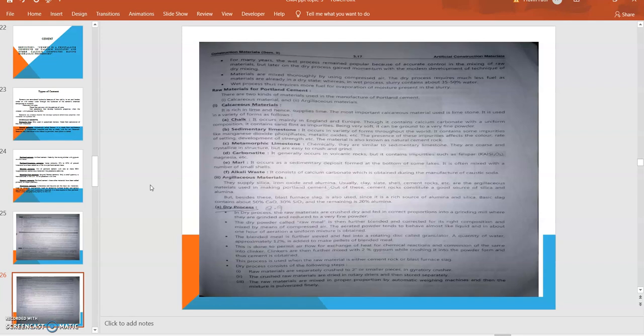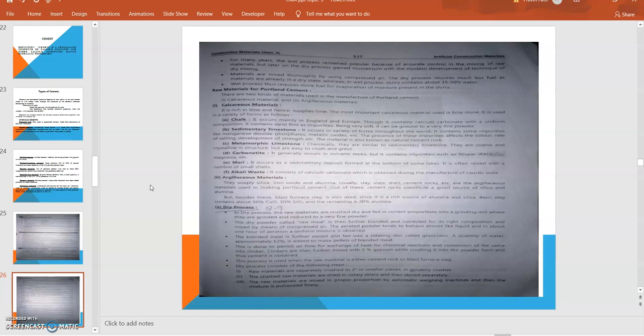The dry powder, called raw meal, is then further blended and corrected for its right composition and mixed by means of compressed air. The compressed air is passed through, so we will get the correct composition. The aerated powder tends to behave almost like a liquid, and it takes about 1 hour for the aeration process.